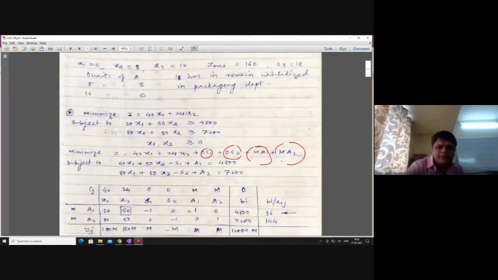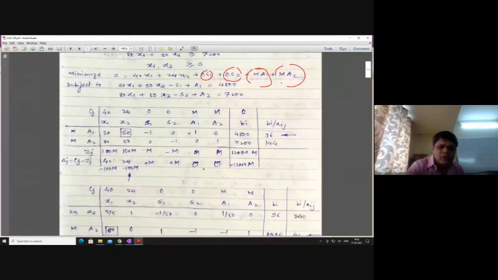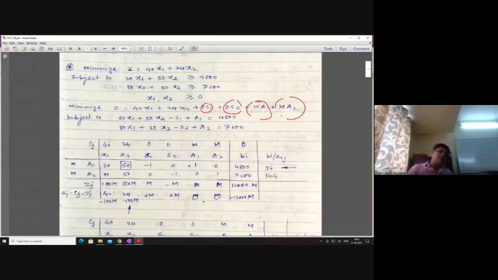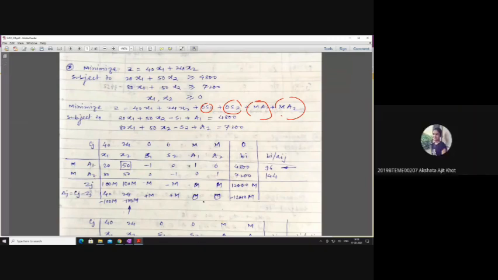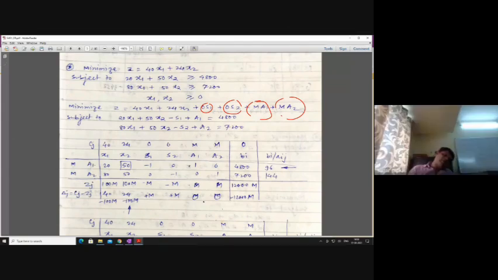So there are two negative values. 40 minus 100 M is one negative and 24 minus 100 M is another negative value. Which is the largest negative amongst these two? 24 minus 100 M.